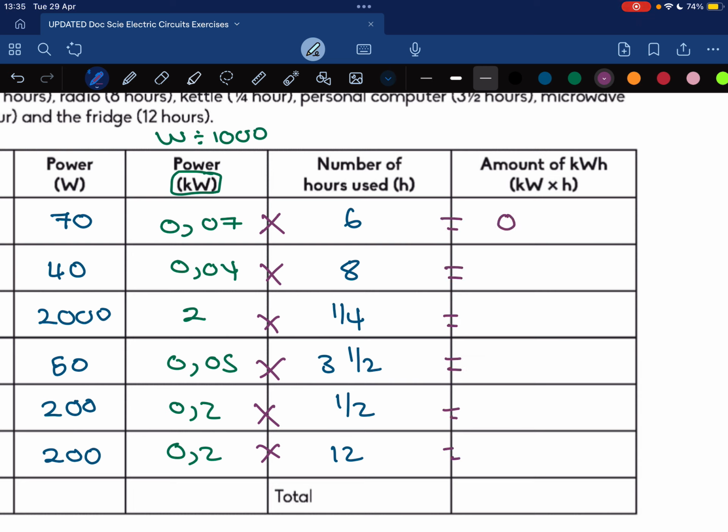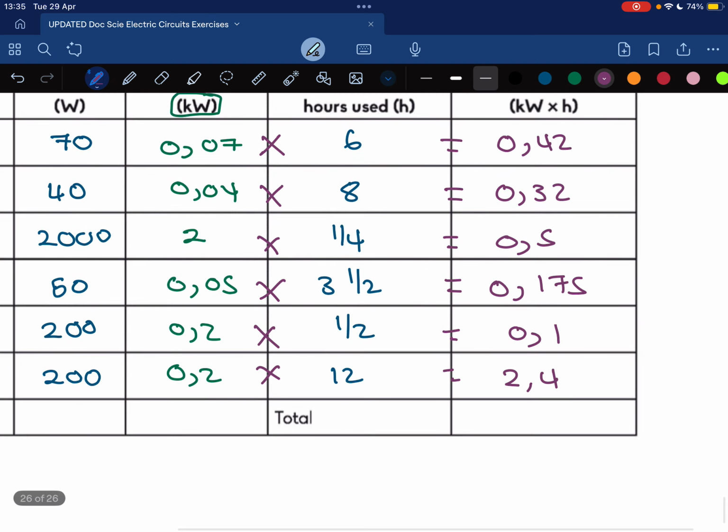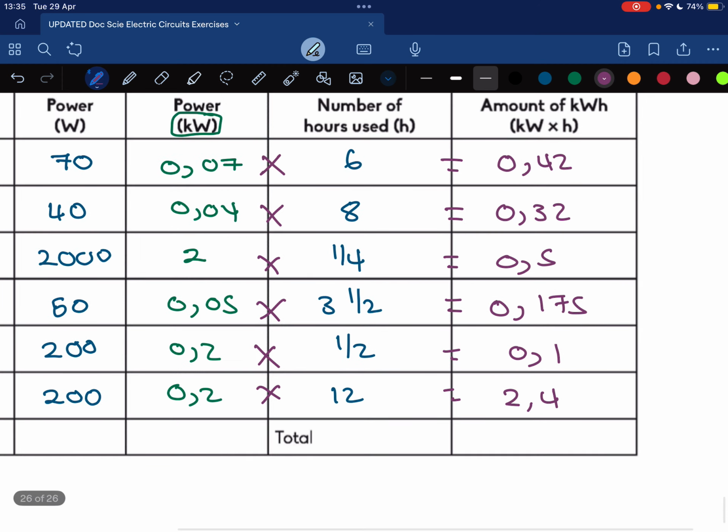So I would have 0.42, 0.32, 0.5, 0.175, 0.1, and 2.4. The total kilowatt hours used, you just add all of these together, and you would get the total, which is 3.915.